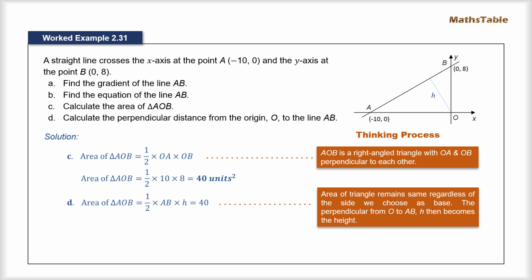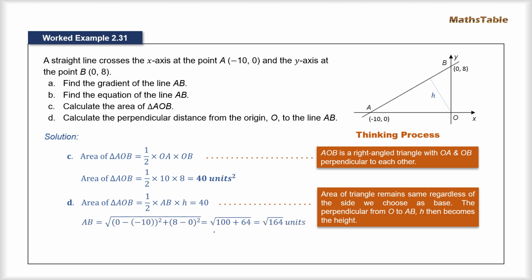This is because the area of a triangle remains the same regardless of the side which we choose as the base. So we can choose OB, OA or AB as the base. If we have chosen AB as the base, then h is the height of the triangle. And keeping the area constant, we can calculate the value of h.